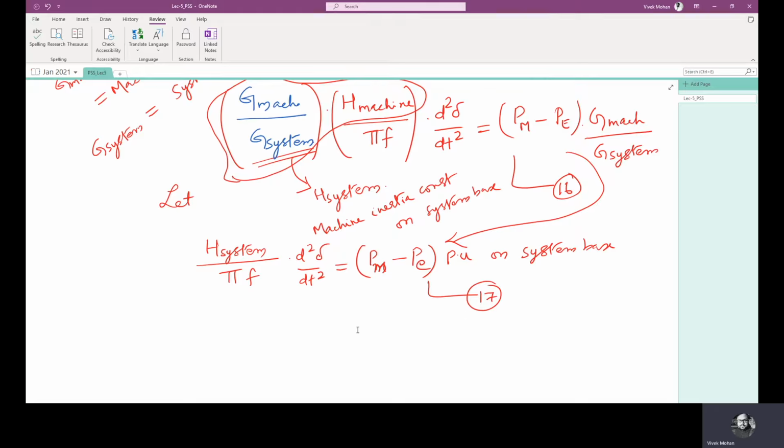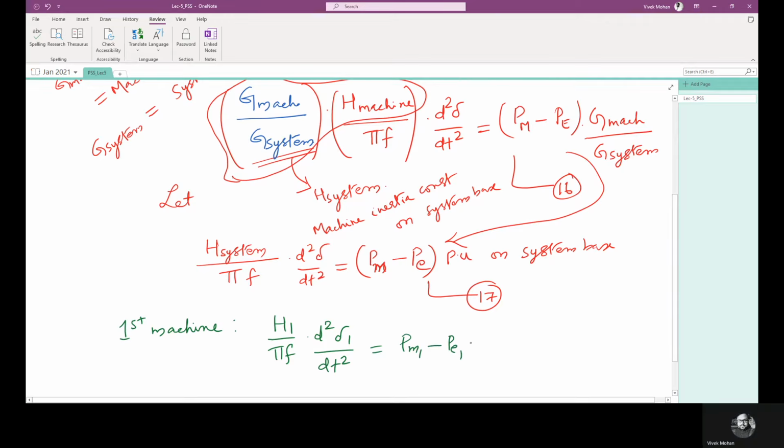So in that case, for the first machine, h1 by pi f into d squared del 1 by dt squared equals Pm1 minus Pe1.